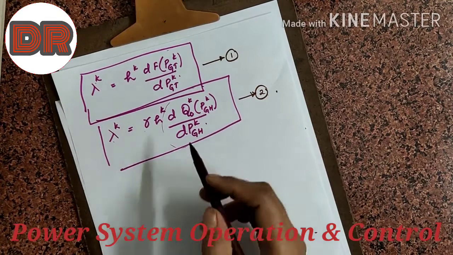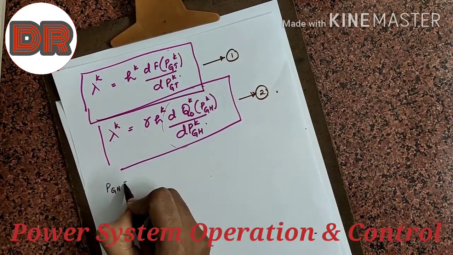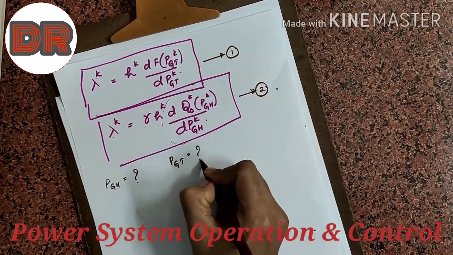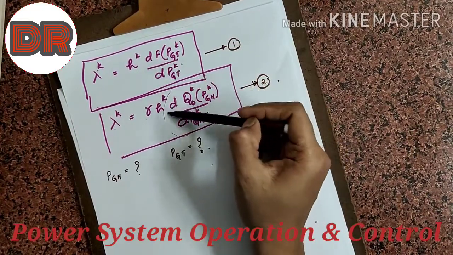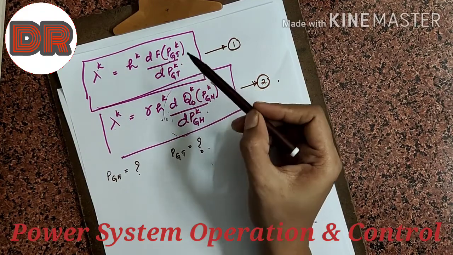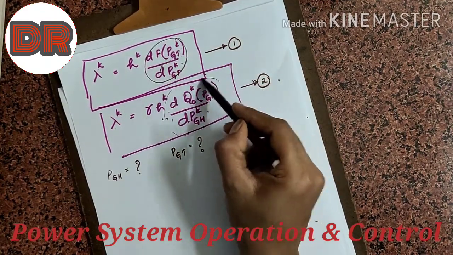Now in order to get pGH and pGT, we first have to solve the coordination equations, and for that we need these two terms.